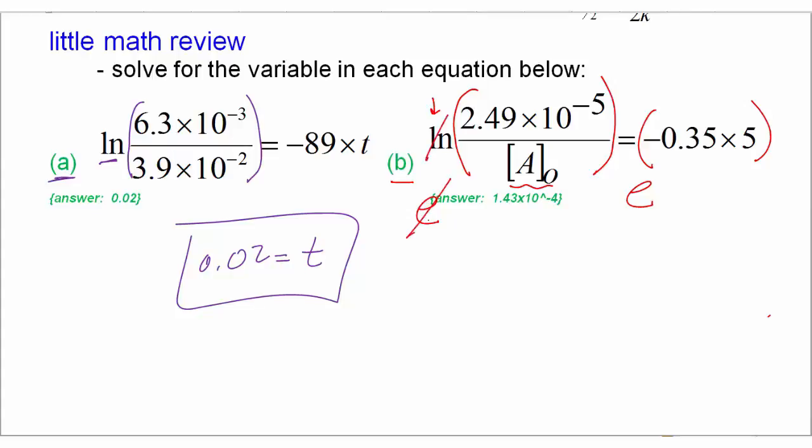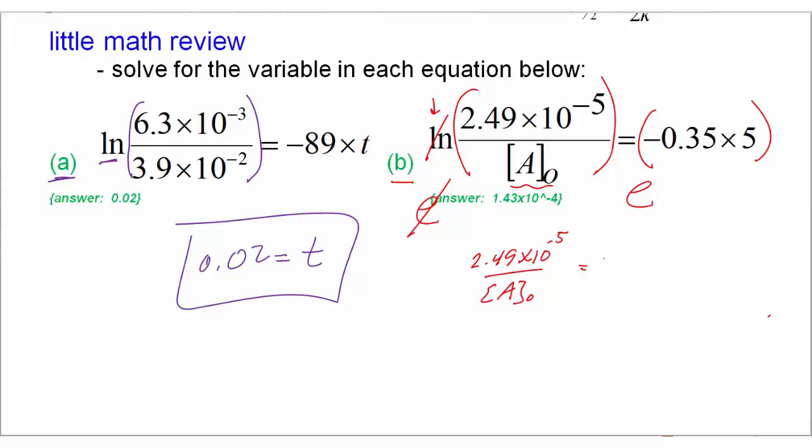So what we really have here, I'm going to rewrite it, 2.49 times 10 to the negative 5 all over my variable, the initial concentration of A. That has to equal, well, let's see what that number is. E to the negative 0.35 times 5. So let's find out what it is. Let's take 0.35, make it negative, times 5, hit equals, raise it to the e power.